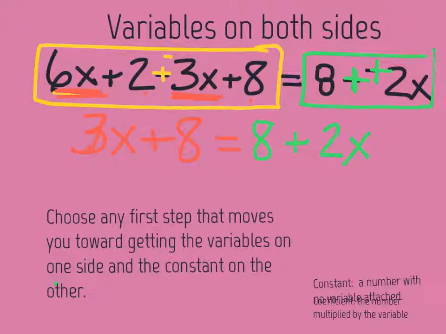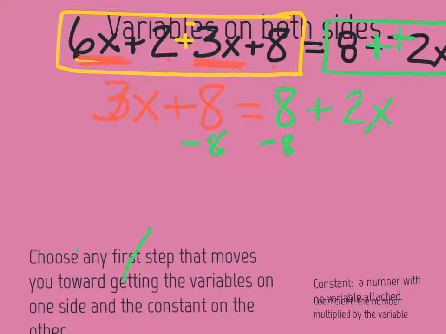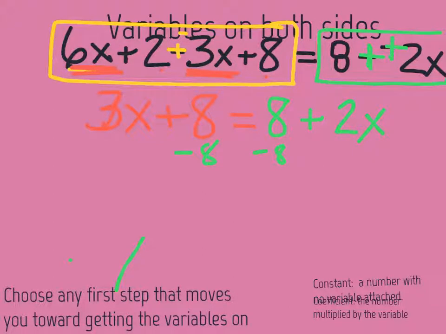So if I take away an 8, then I'm going to end up with 3x equaling 2x.